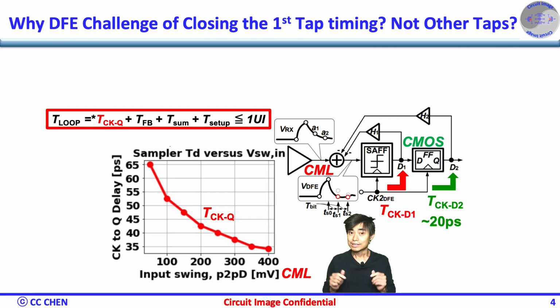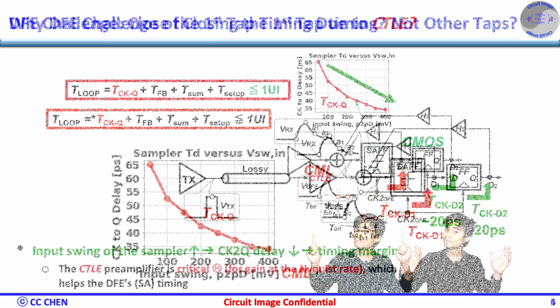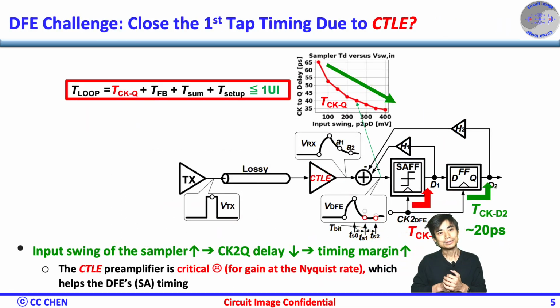Therefore, a simple delay image might tell you that the bigger input swing may take a shorter time to reach the full swing at the output. Is my statement here really true? In other words, is the first tap always having a longer delay time than the second tap? Yes or no?